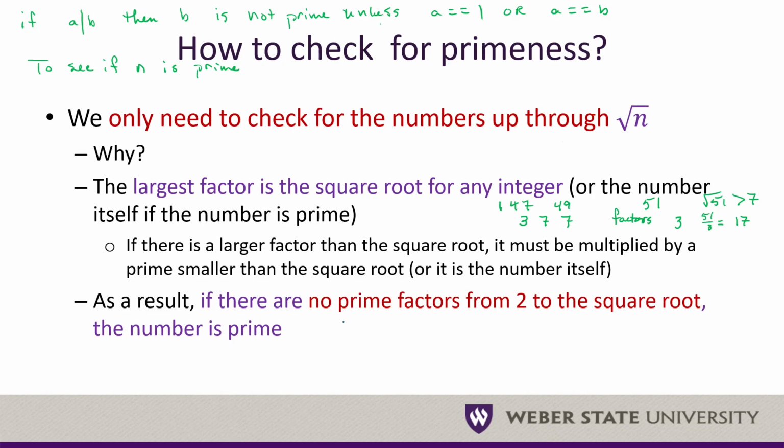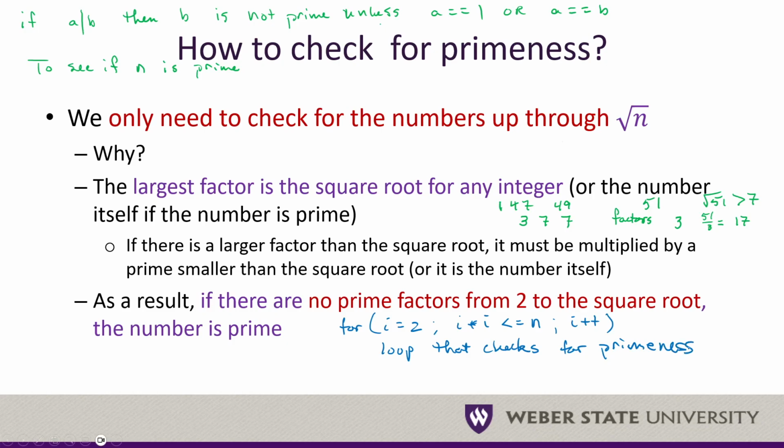But here, all I have to do is for i equal to 2, i times i less than or equal to n, i plus plus. This is a loop that checks for primeness.